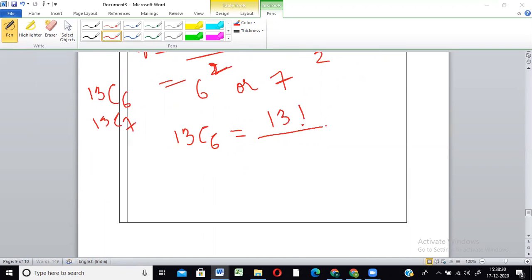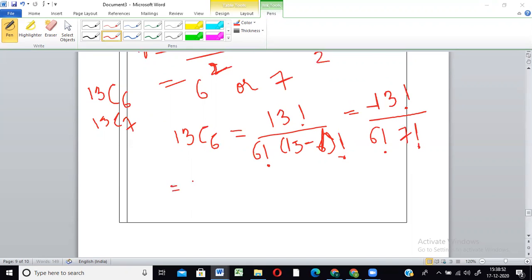So it will be 13 factorial upon 6 factorial into 13 minus 6 factorial. This is the same as 13 factorial upon 6 factorial into 7 factorial.